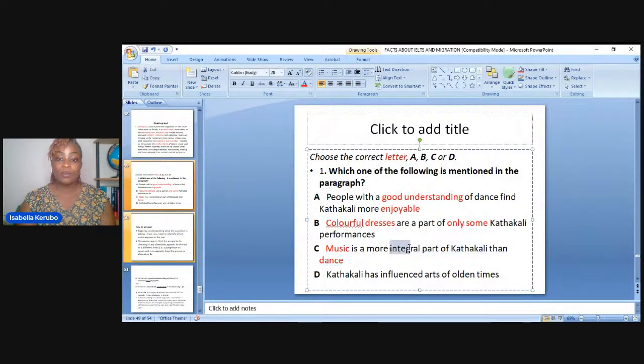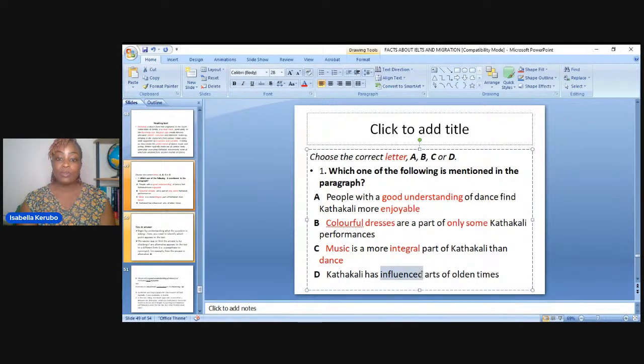We need to check what is said about the components, or what comprises this Kathakali dance. And lastly, option D, Kathakali has influenced arts of olden times. We need to know what is said.